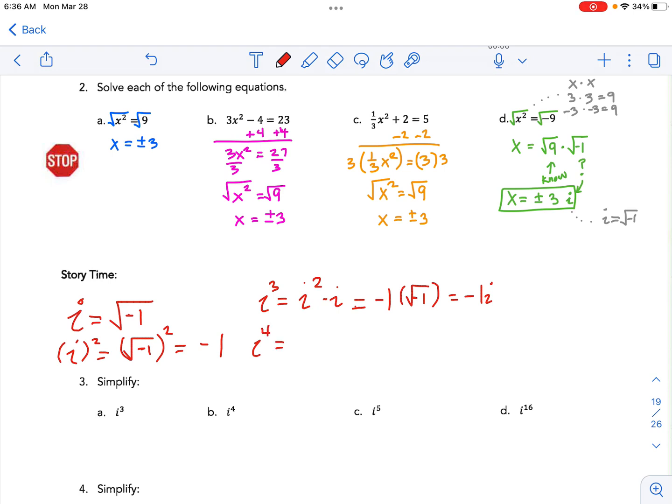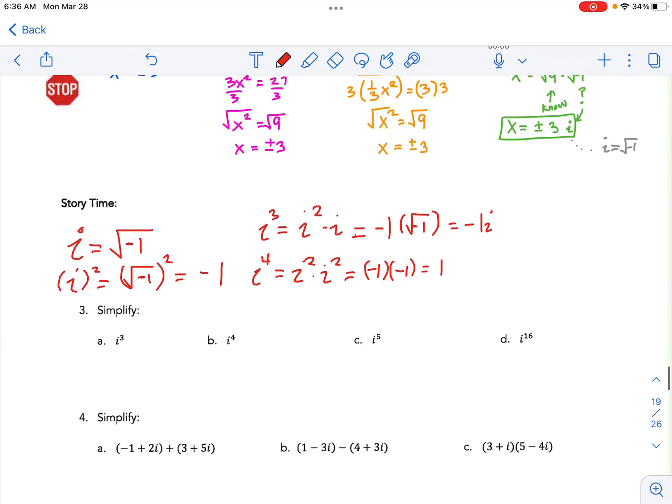Well, what happens if I take it to the 4th power? Well, that's just i squared times i squared, which is -1 times -1, which is 1. Well, we can start filling in down here now. So this is -i, this is 1.